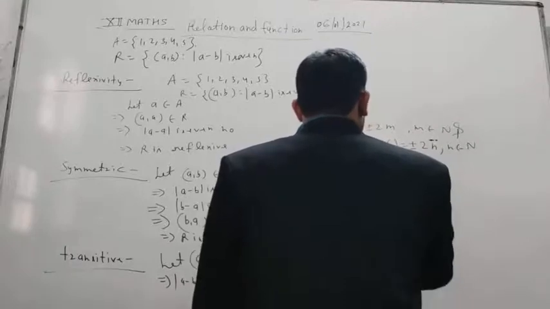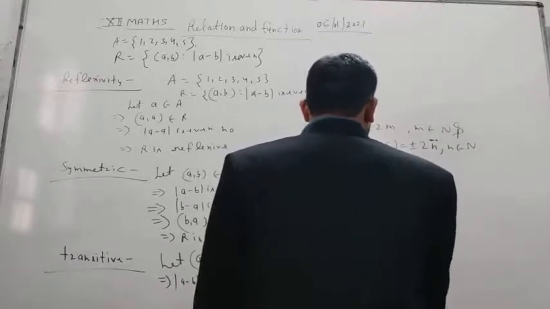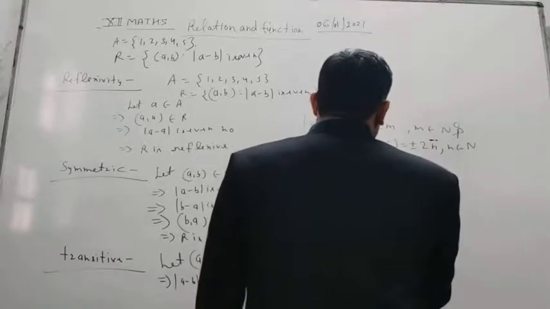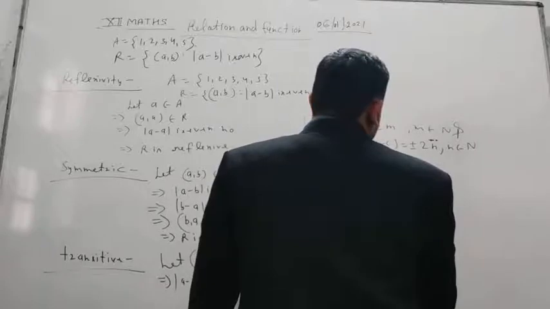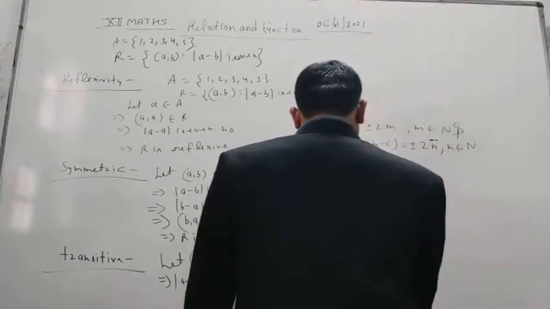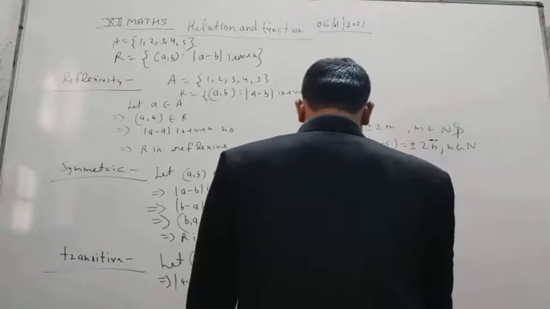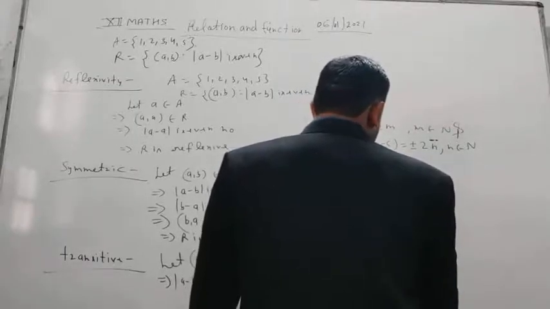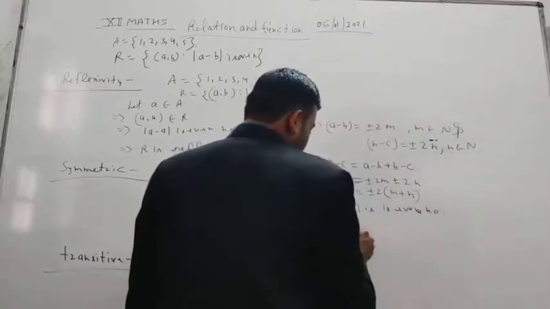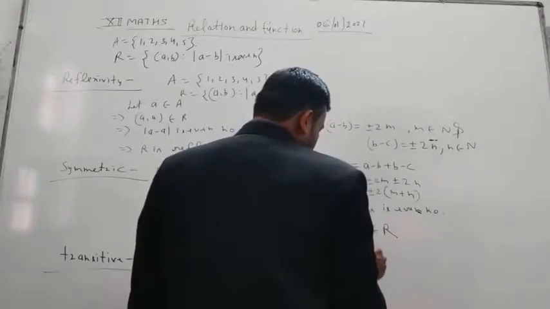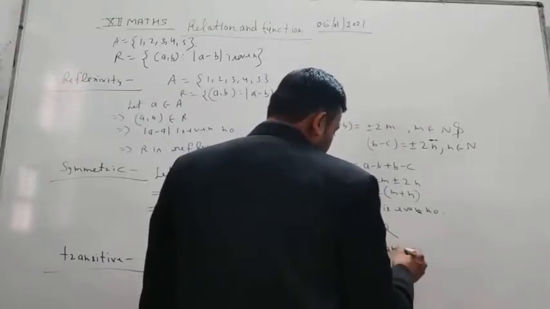We are seeing these two parts, ±2m and ±2n, so taking ±2 common, we see that a - c is an even number. This implies (a, c) belongs to R, and we can say that R is transitive.